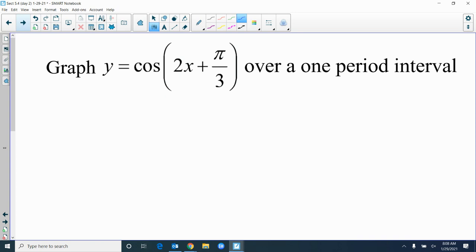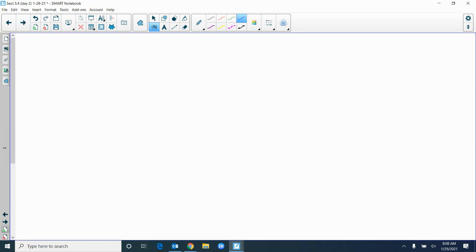Now, don't get ahead of me because there's something we've got to fix on this one. And I want to do a couple things. Let me do one thing here first. What are we looking at for cosine?